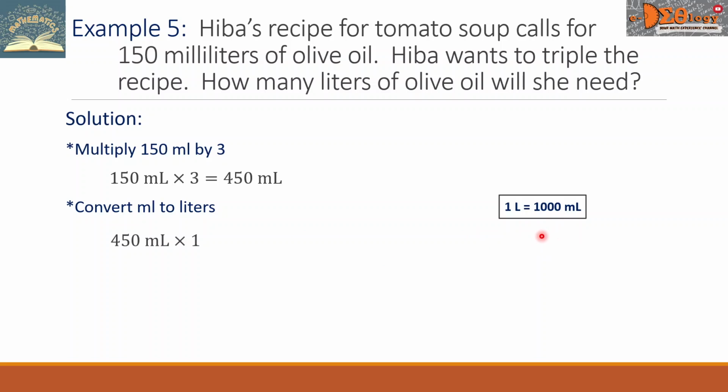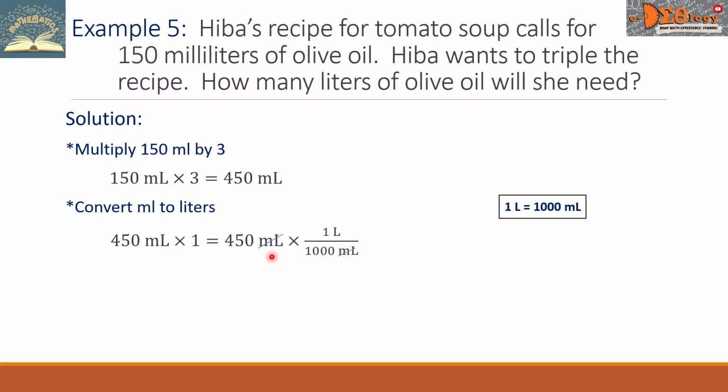Let us now create a fraction equal to 1 out of this equation. So we have 450 ml times 1 liter over 1000 ml. Intentionally, we put this 1000 ml in the denominator so that we can cancel the unit ml here and here.